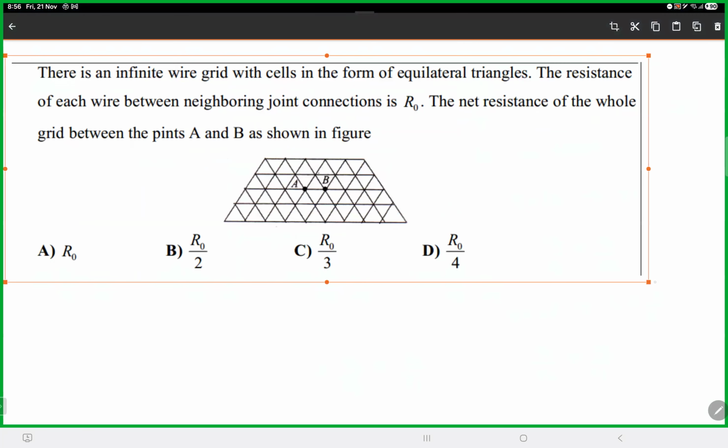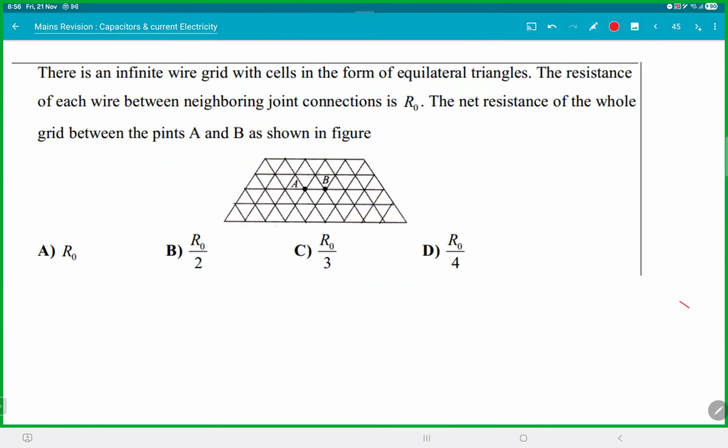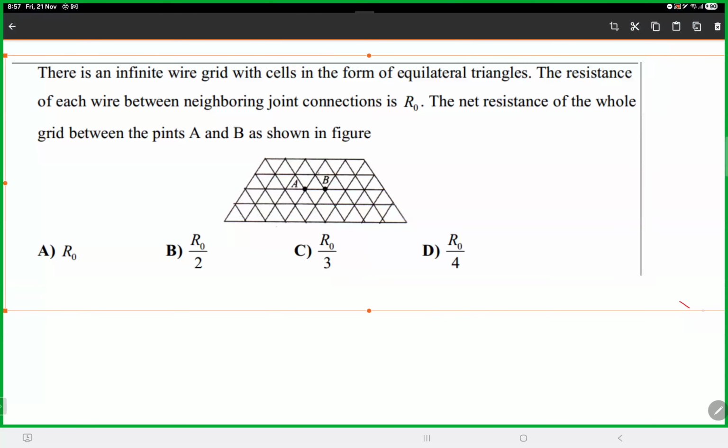Hope you guys remember this. We did something like this. I taught you the hexagon wala problem, yeah?